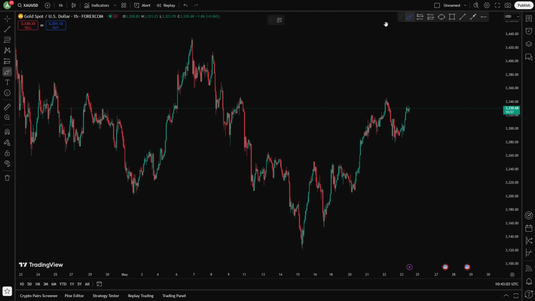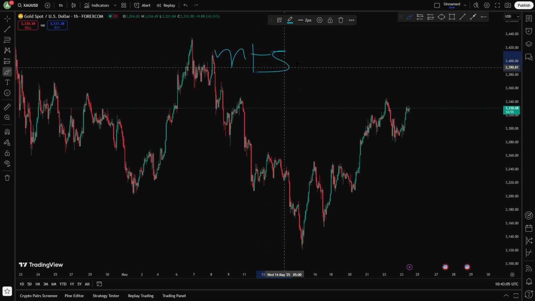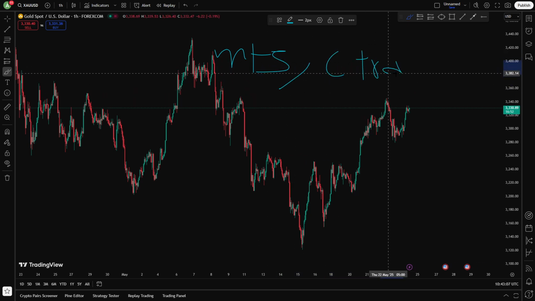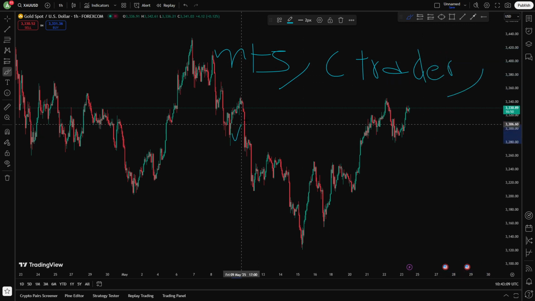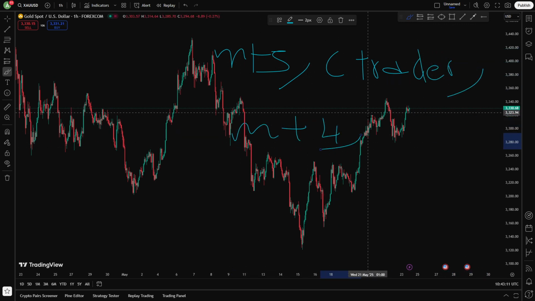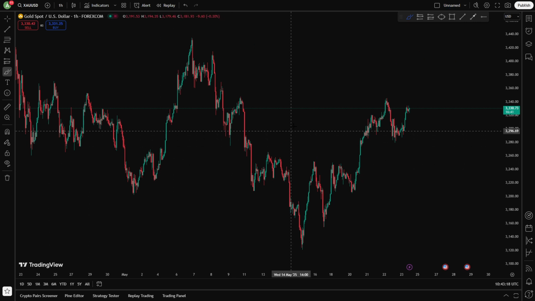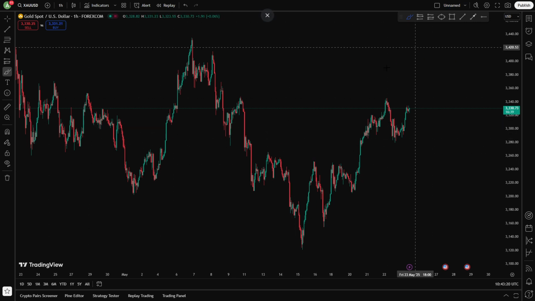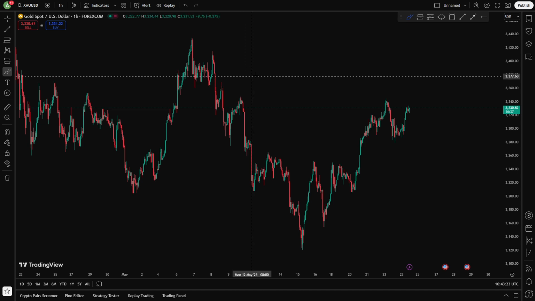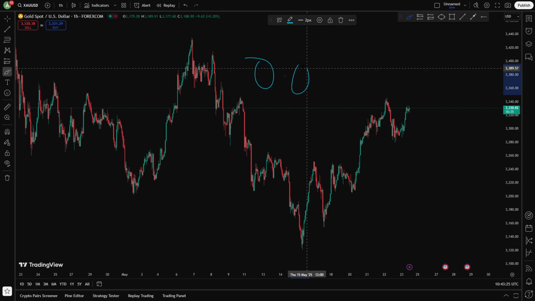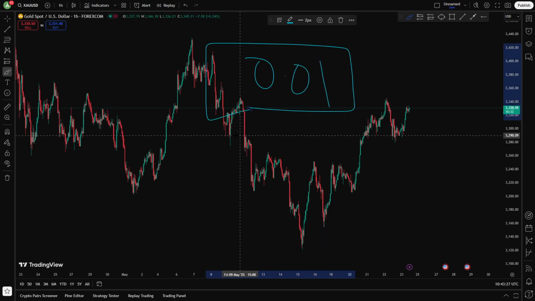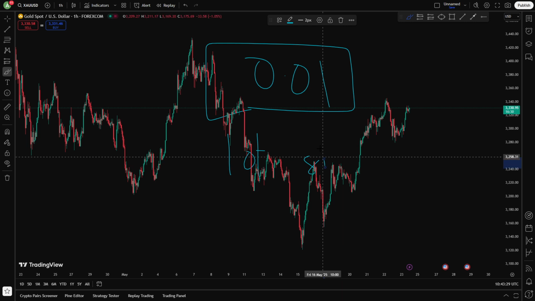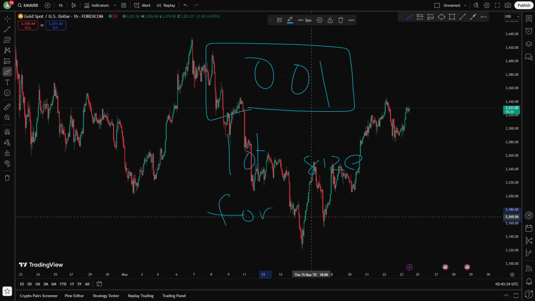So you start going into MT5, cTrader, MT4, or NinjaTrader, anything, it can really be anything. And you are very excited. So you want to open, let's say, 0.01 lot size for gold.